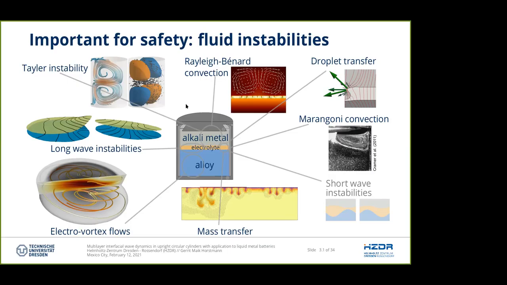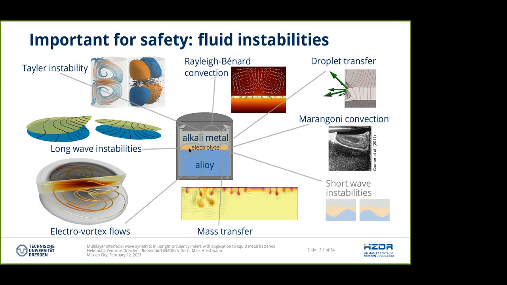And we study these instabilities for two reasons. On the one hand, they can endanger the safety because if we have strong flow in one or both metals, they can destabilize one or two of the interfaces, which can provoke a short circuit as soon as both metals come into contact.